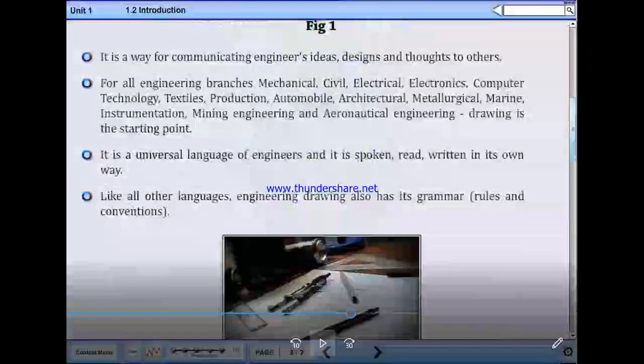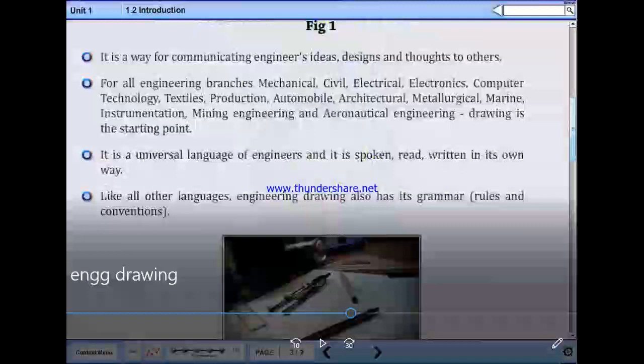It is a universal language of engineers and it is spoken, read, and written in its own way. Like all other languages, engineering drawing also has its grammar, that is rules, conventions and regulations.